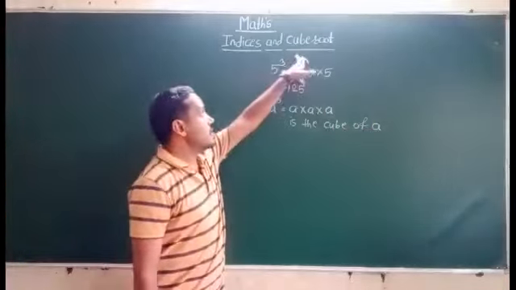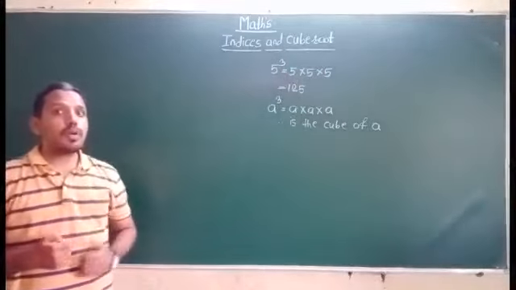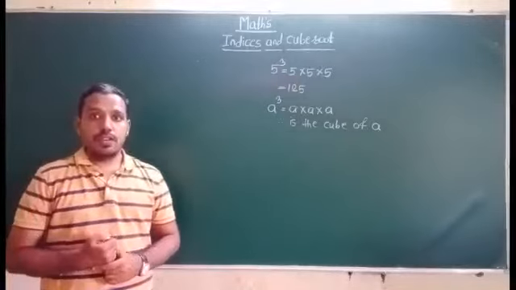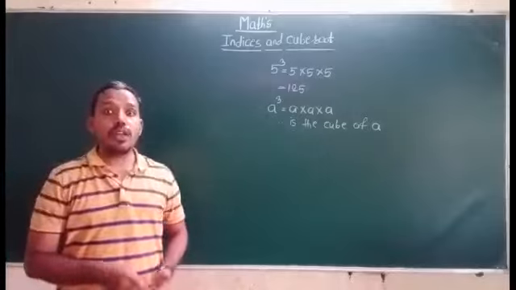Now, today we are discussing the cube root. We can easily find the cube of any number, but today we discuss how we can find the cube root of any number.